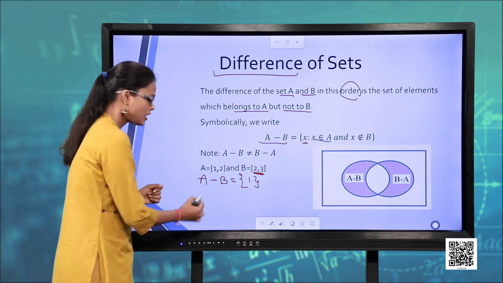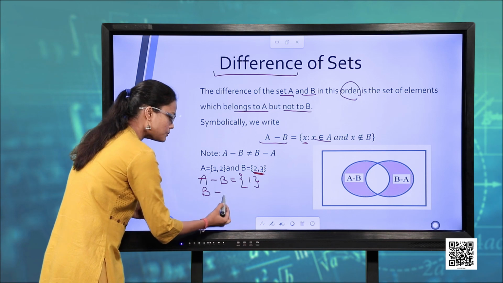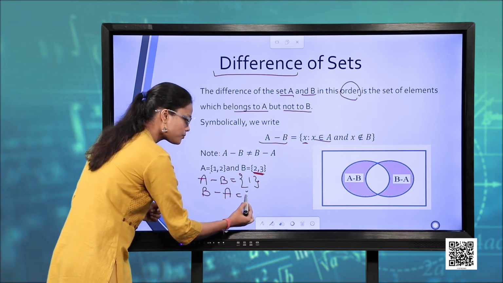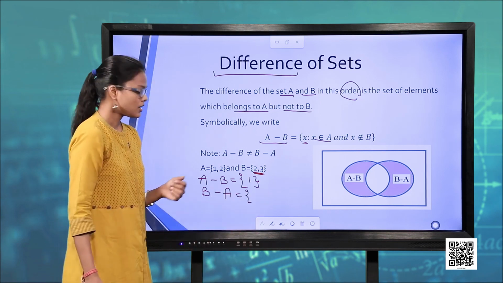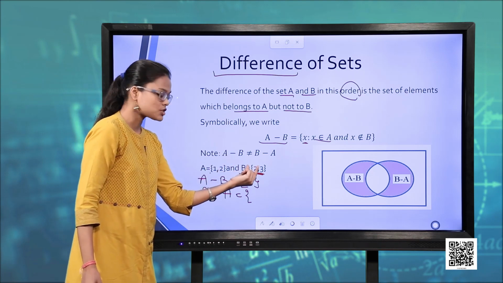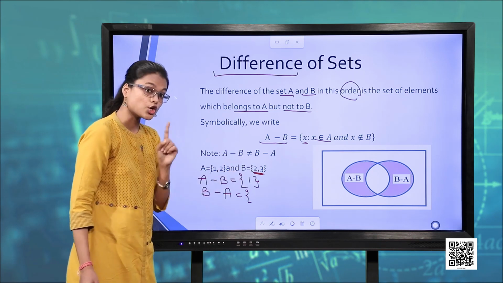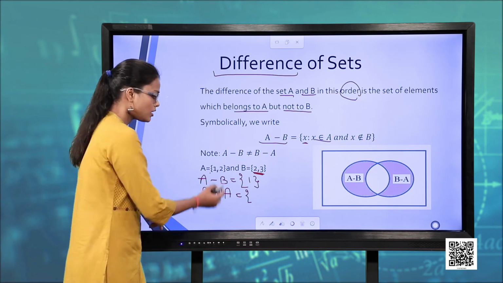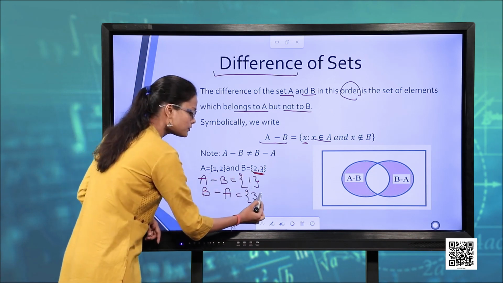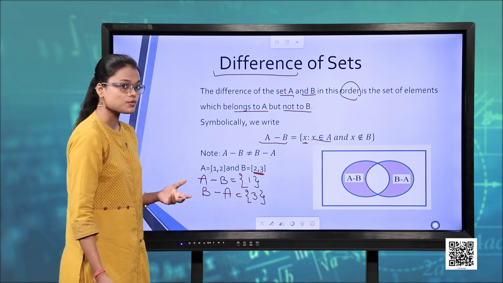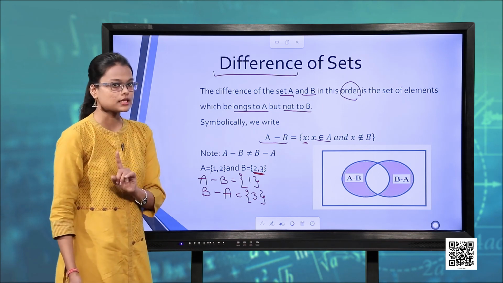Okay. Now, if I take B minus A, I have to take all those elements which are in B but not in A. So, here the answer becomes 3, meaning a singleton set which consists of the element 3.